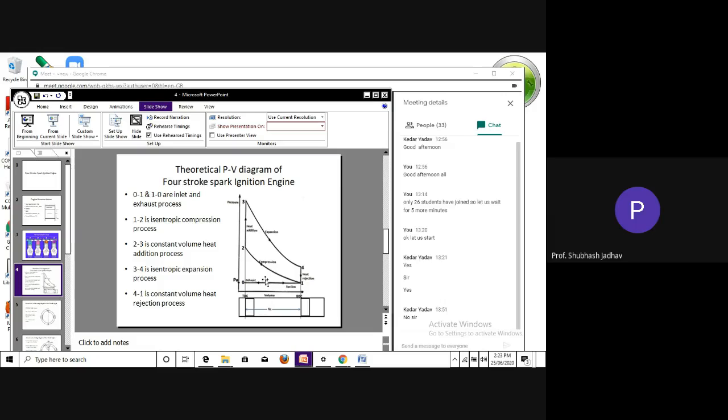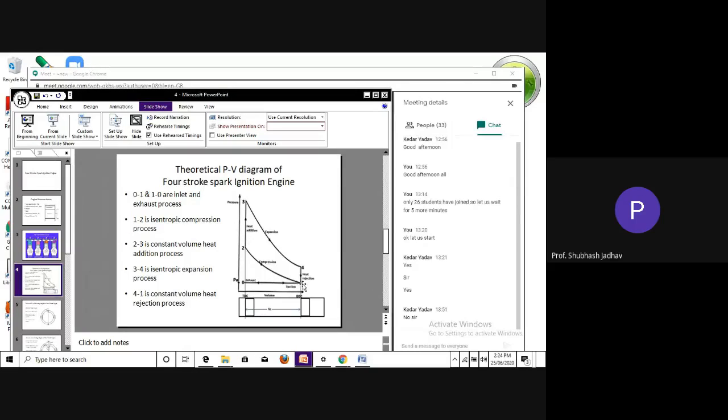So the pressure is going to remain atmospheric, and therefore at a constant pressure corresponding to atmospheric pressure, the piston is moves from BDC to TDC. We assume that inside the combustion chamber the pressure remains atmospheric, and therefore we have drawn a horizontal line, which indicates that pressure remains constant at the atmospheric value.